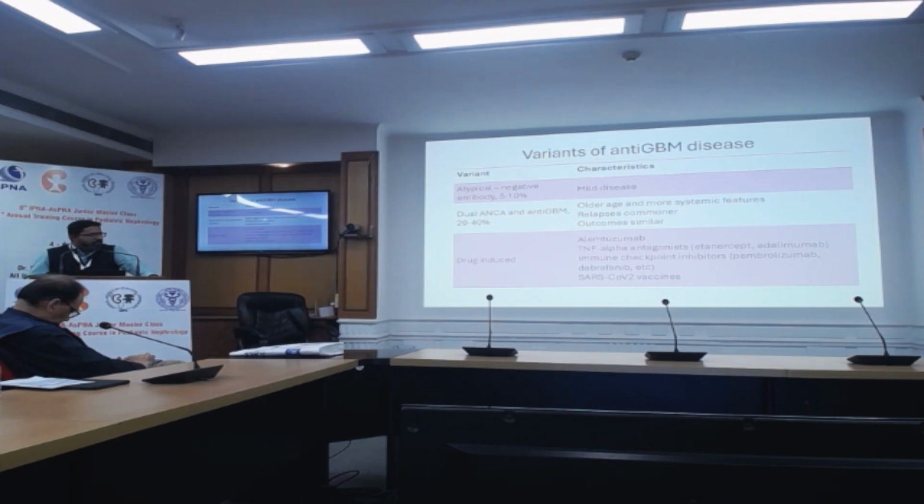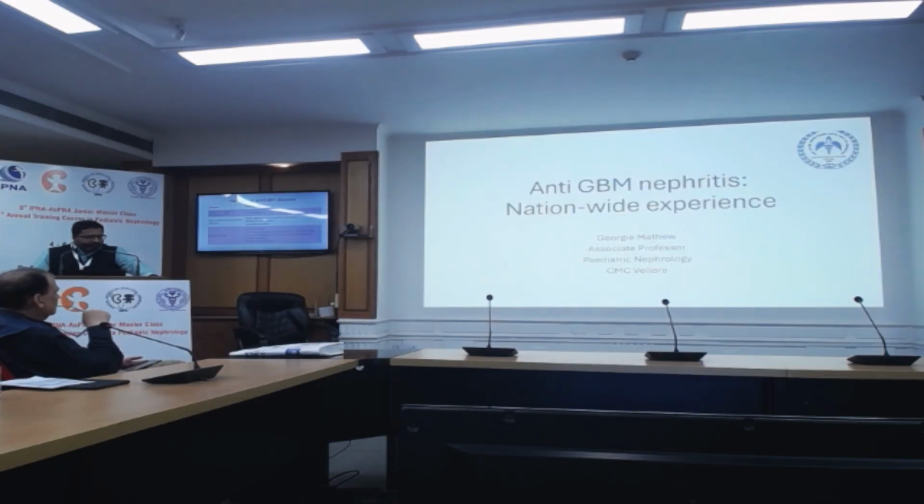Dual antibody disease occurs in about a quarter to half of the patients, who are slightly older with more systemic features; relapses are common, but outcomes are similar or better. Drug-induced anti-GBM is also gaining prominence, especially after the COVID period, and people comparing pre-COVID and post-COVID data say there may be a slight increase.